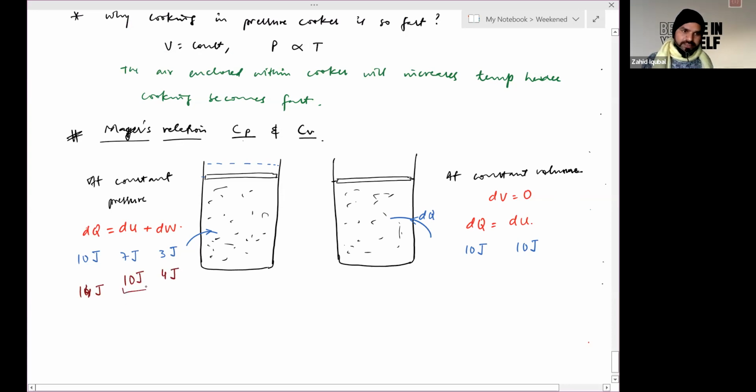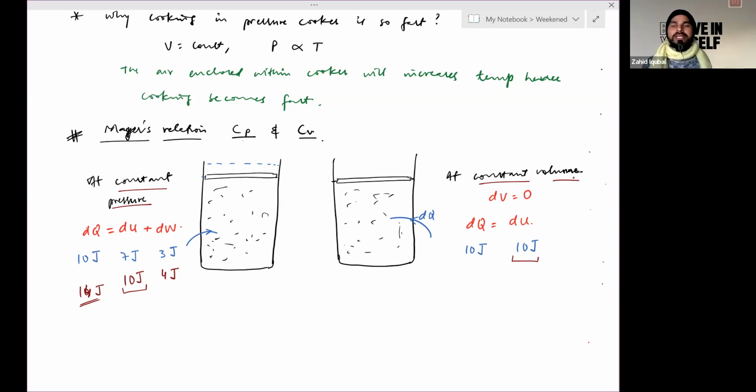So if the change in internal energy for these two processes is equal, you need to apply a large amount of heat at constant pressure as compared to constant volume, since at constant pressure some amount of energy may be transferred for doing work as well. So you need some extra heat supplied at constant pressure as compared to constant volume, so that the change in internal energy for both processes becomes equal.